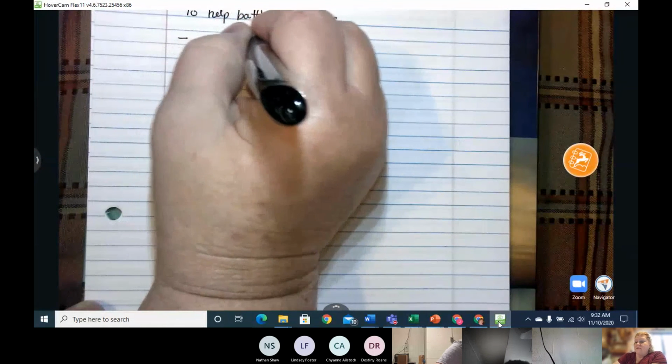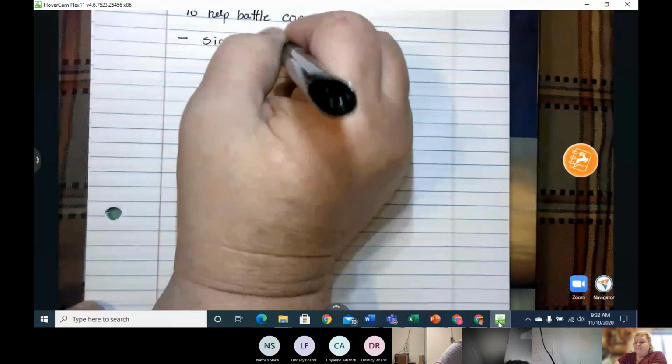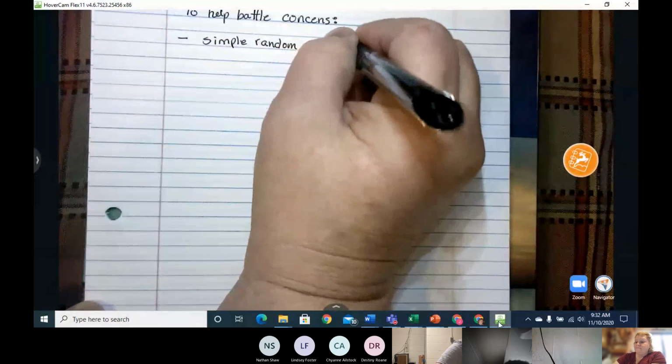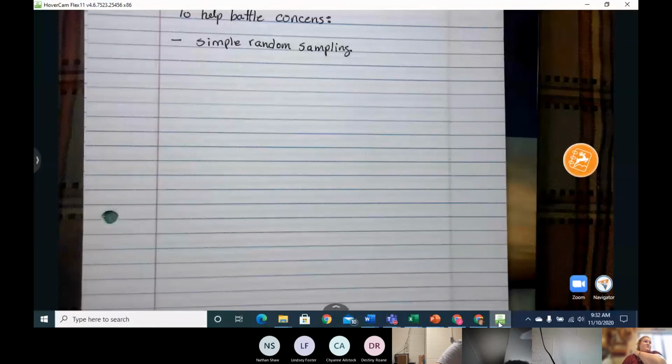The first one, of course, is to use simple random sampling. That's the simplest way to avoid bias. It's the simplest way to make your sampling random.